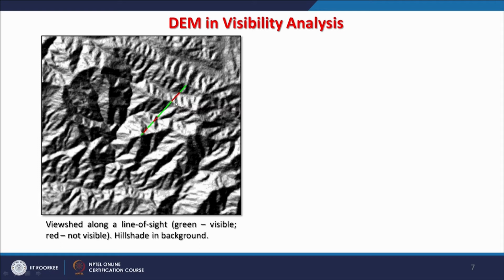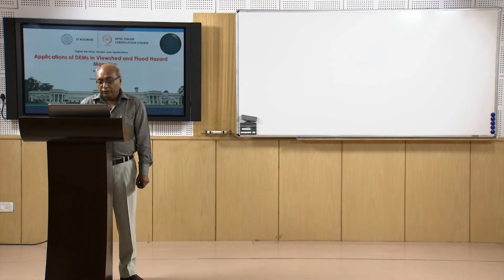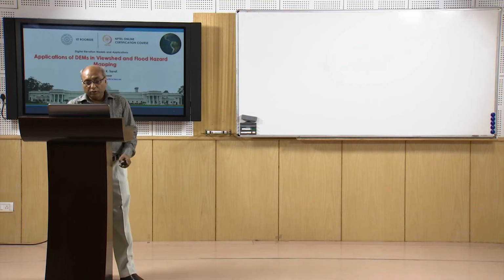However, in this line of sight there are areas marked red which will not be visible. And of course, this is a hillside, just to bring out the terrain and relief undulations, so that this viewshed has been overlaid, or rather the hillside has been kept in the background.